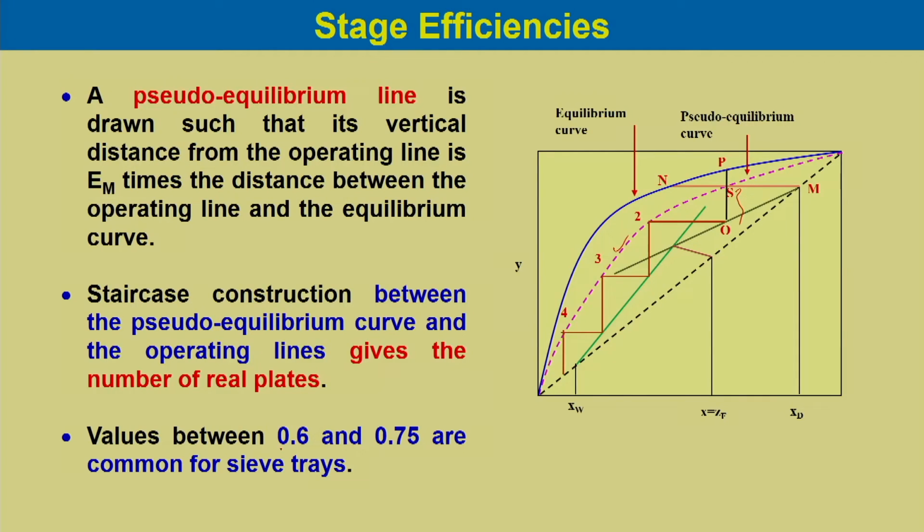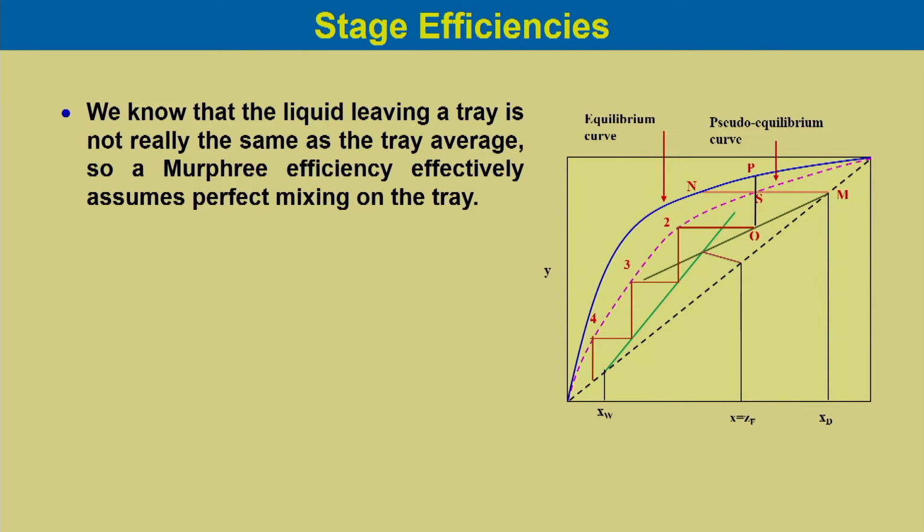Typical values for Em are generally 0.6 to 0.75 for sieve trays. We know that the liquid leaving a tray is not really the same as the tray average.